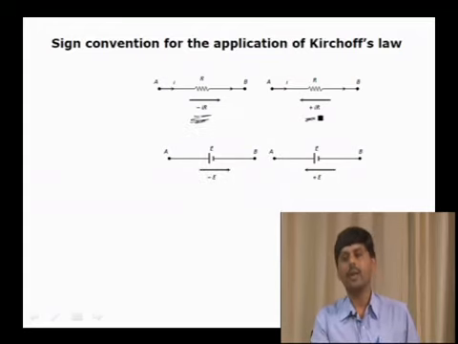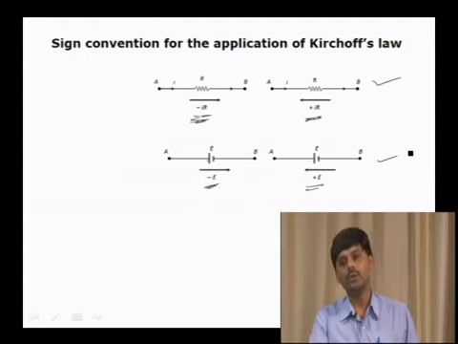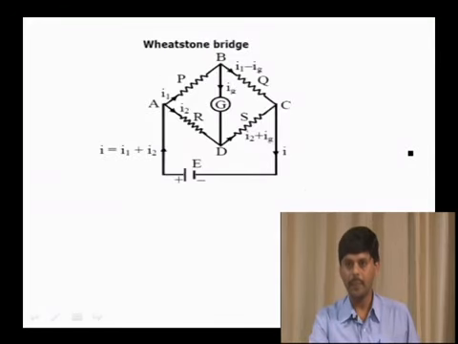Similarly, in the case of EMF, when we move from higher potential to lower potential, the EMF is minus E. If you move from lower potential to higher potential, then the EMF is positive. This is the sign convention. If you know this sign convention, it is very easy to solve Kirchhoff's law problems.